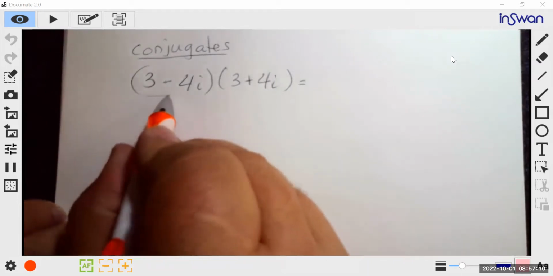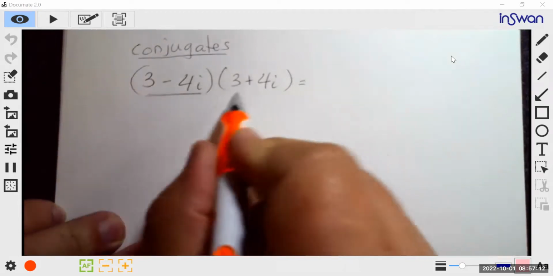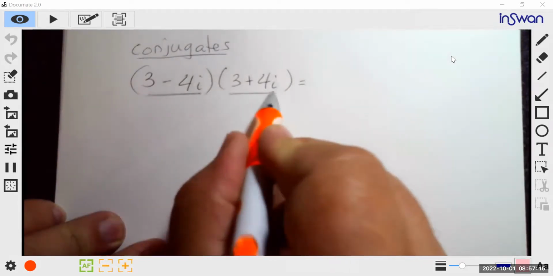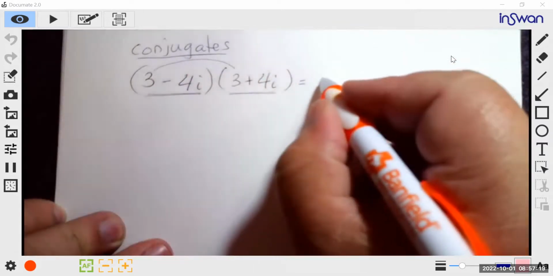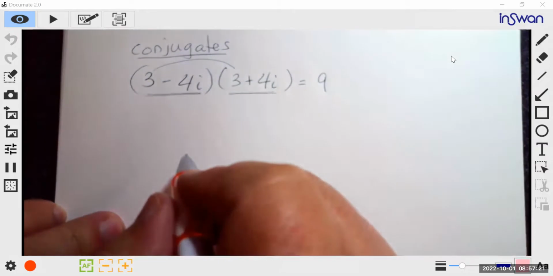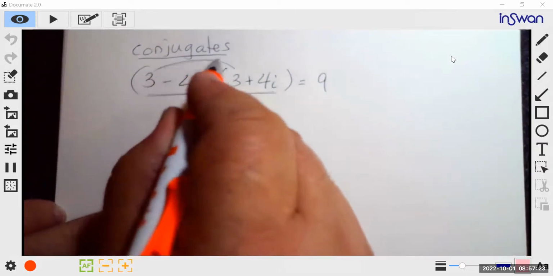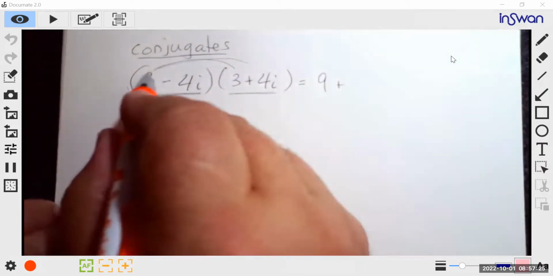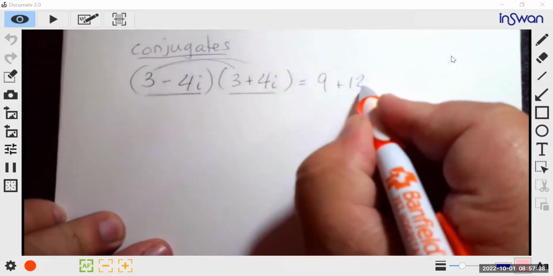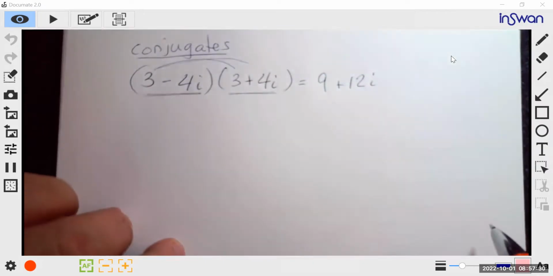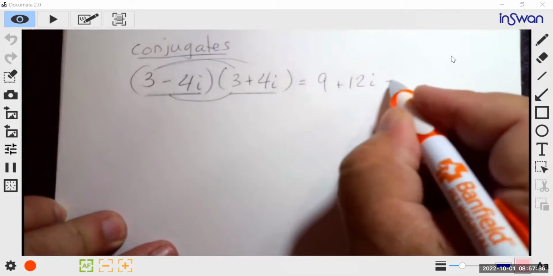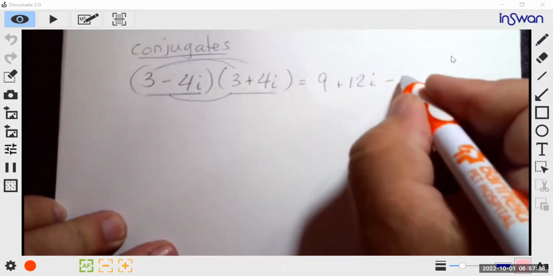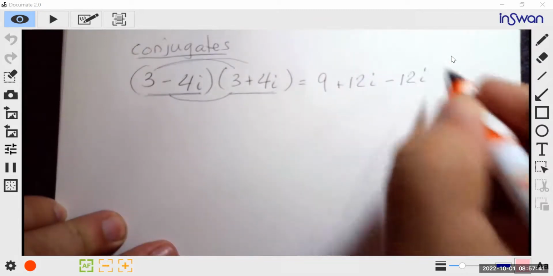So every term inside this first parenthesis has to multiply to every term in the second. 3 times 3 is 9. Positive times positive is a positive. 3 times 4 is 12i. Negative times positive is a negative. 4 times 3 is 12i.